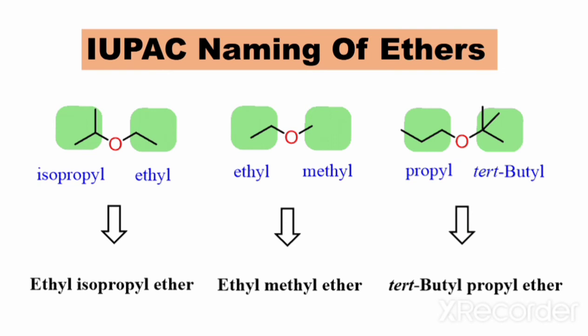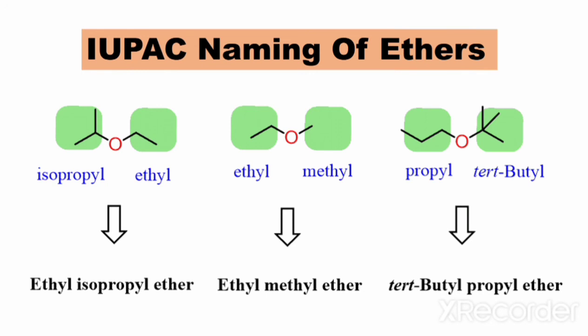As you can see in the other example, there is a methyl group and an ethyl group attached to the oxygen. So we write the name as ethyl methyl ether because of the alphabetic order.